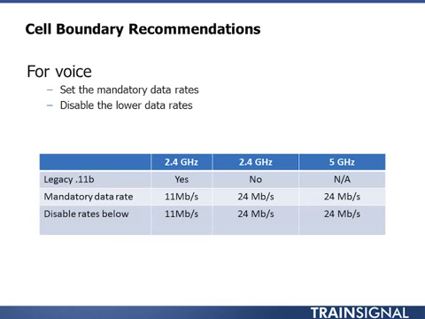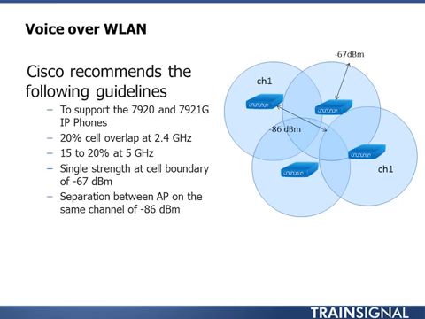The other thing they're recommending is that when you do your cell planning and your site survey, the edge of your cell boundary is defined by minus 67 dBm, i.e. if your signal drops below that, you would be considered outside of coverage for a VoIP phone.